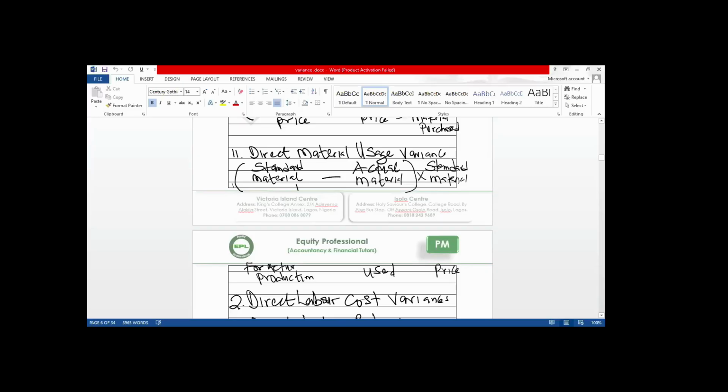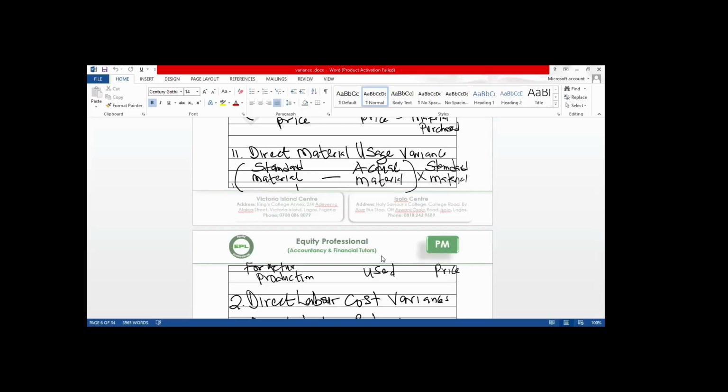Now, if you have to calculate this, open a bracket: standard material for actual production minus actual material used. Let me explain that.